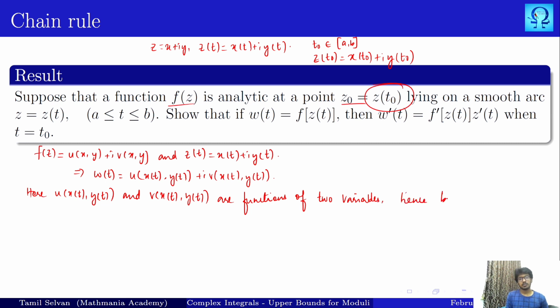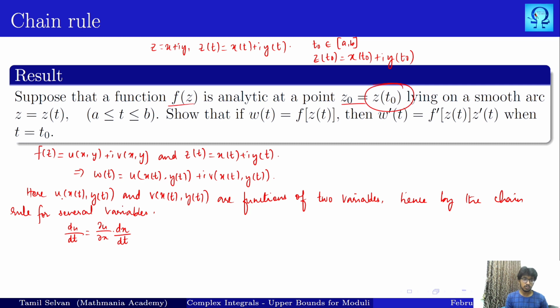Hence, by the chain rule for several variables, what can we write? So du upon dt may be written as del u upon del x multiplied with dx upon dt.